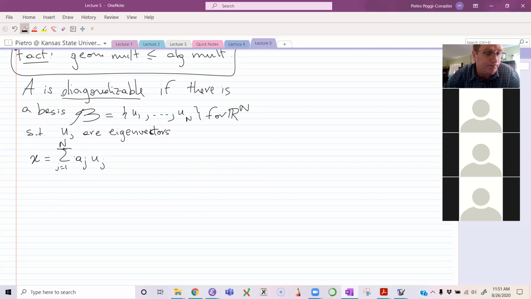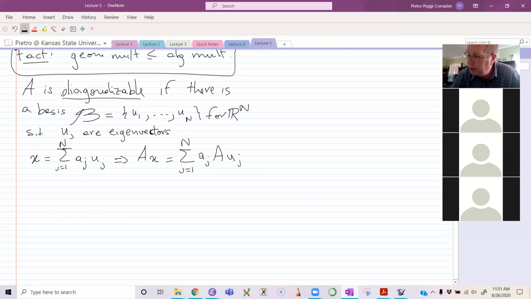And then if you want to know what happens to x when you apply A, you can use the linearity and pass A through the sum and take out the coefficients, like that.